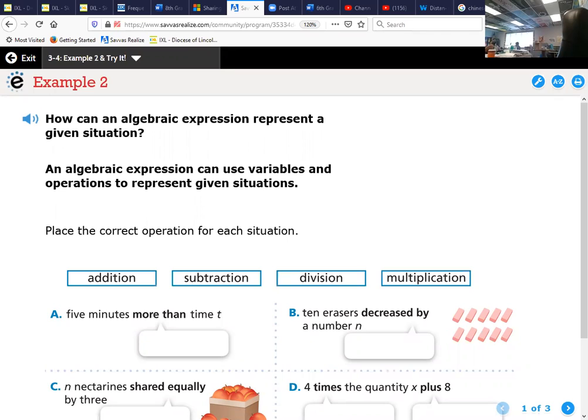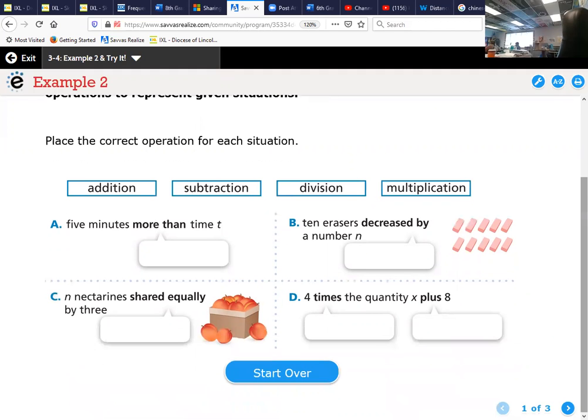How can an algebraic expression represent a given situation? An algebraic expression can use variables and operations to represent given situations. What this is asking you to do is to take a statement and write the math problem it's talking about. We've got 4 different problems.